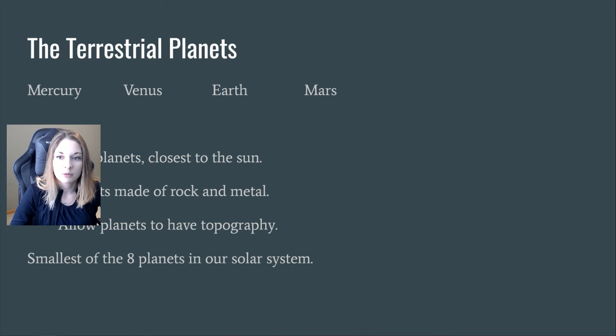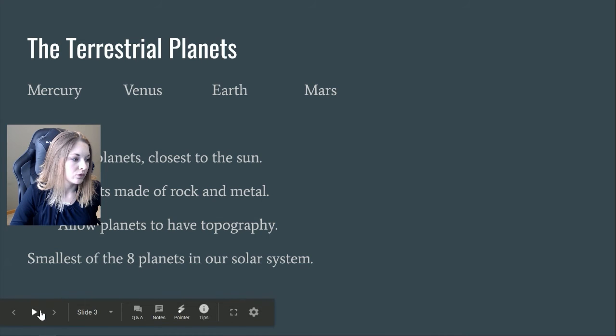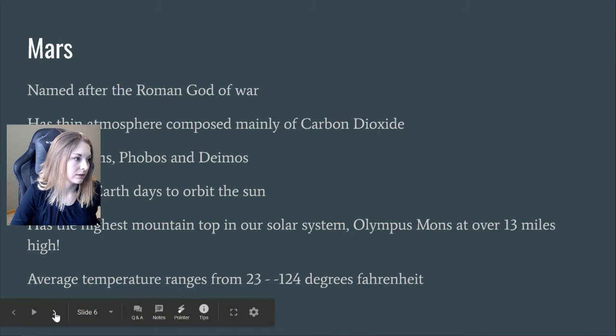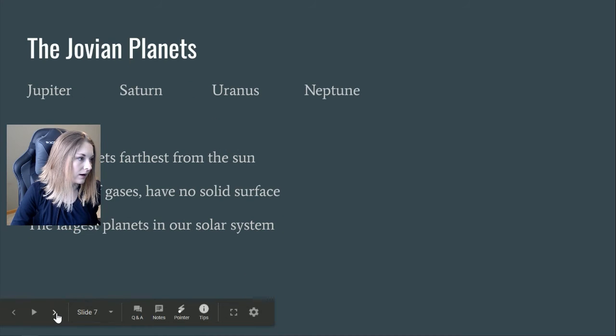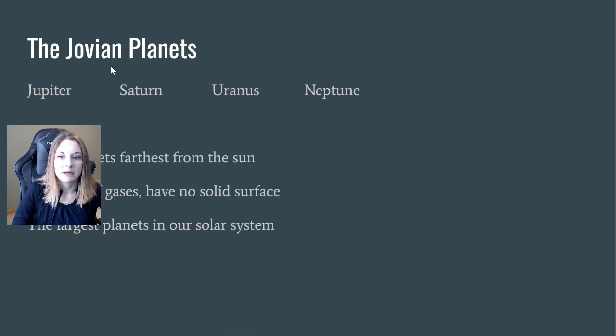So that would include Mercury, Venus, Earth, and Mars. But then as you move past the asteroid belt, you get into what are called Jovian planets, and these are made up of gases, and they have no solid surface. And again, these are after the asteroid belt, and they tend to be much, much larger than our terrestrial planets. So these include Jupiter, Saturn, Uranus, and Neptune.